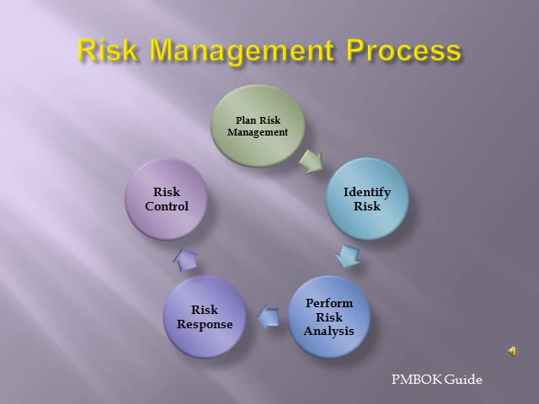Step number 4, risk response, whereby action shall be taken to either mitigate, transfer, avoid or retain the risk impact. Last step is risk monitoring and control, to assess the impact from time to time after the implementation of risk response.